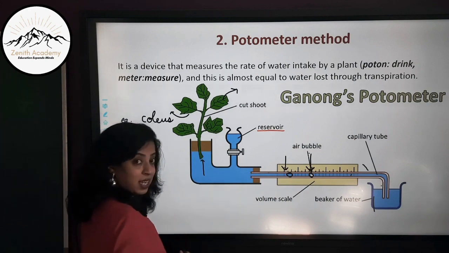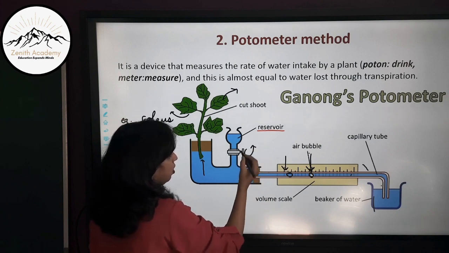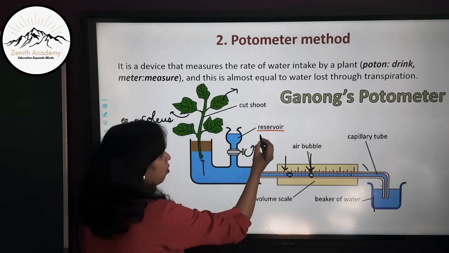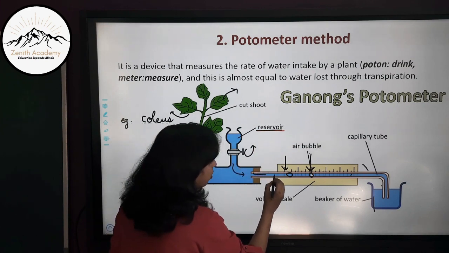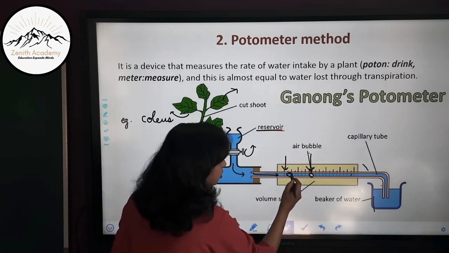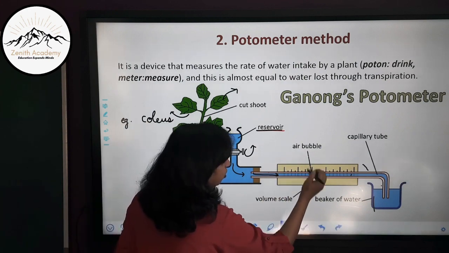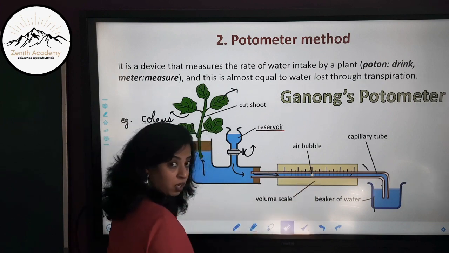Now to take the next reading, open the stopcock. When you open the stopcock of the reservoir, water will enter and push this air bubble back to its original position. We can mark it as 0 or anything.